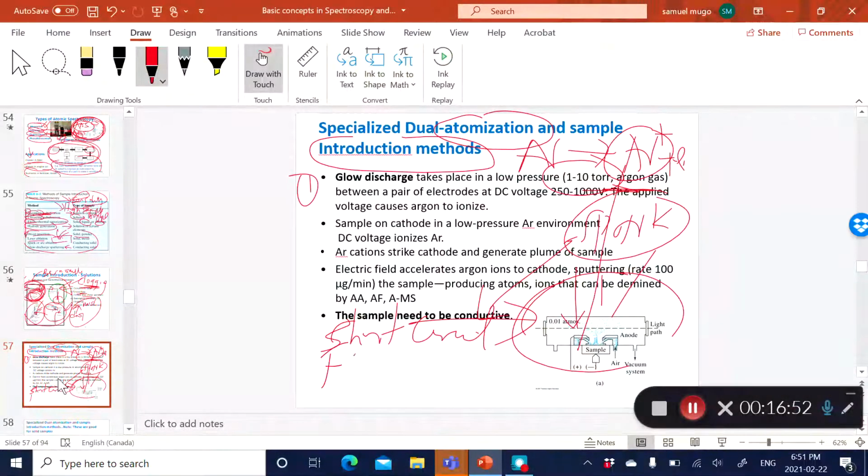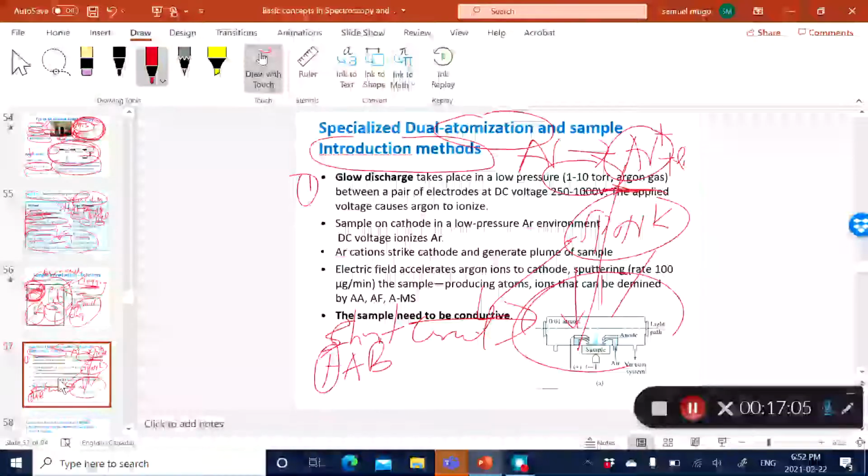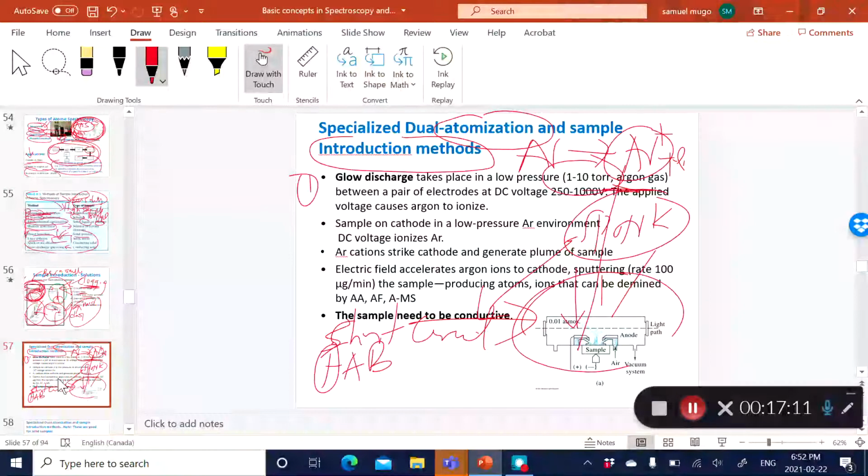It's really what they call fast atom bombardment. The ionized argon is accelerated to the negatively charged cathode, and then there is an impingement, and that impingement causes the ablation of your material as well. So you can see it's a combination of sample introduction but also atomization.